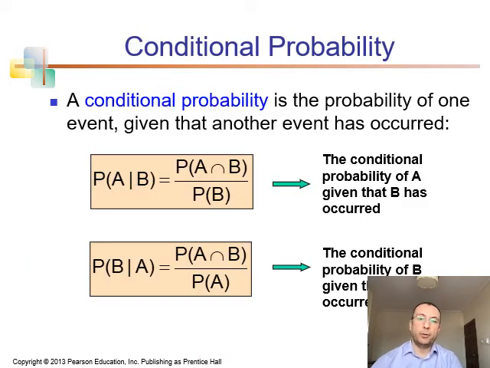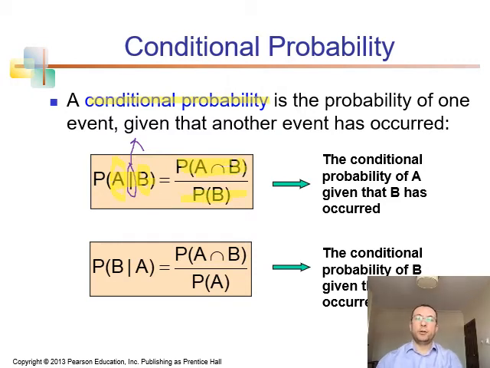Now we also have this concept called conditional probability. Conditional probability of the event means that you're looking for that probability given that something else has happened. So for example, this is probability of A, and this term here means given B. So probability of A given B equals P(A intersect B) over P(B).